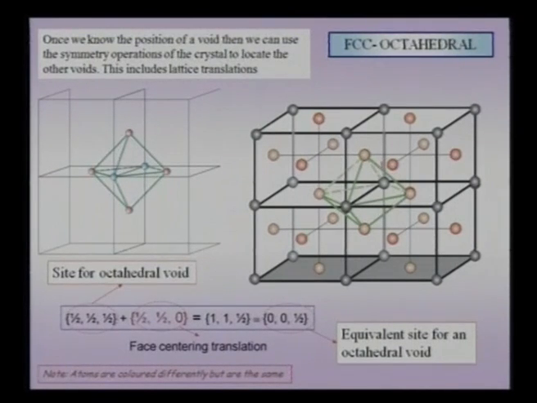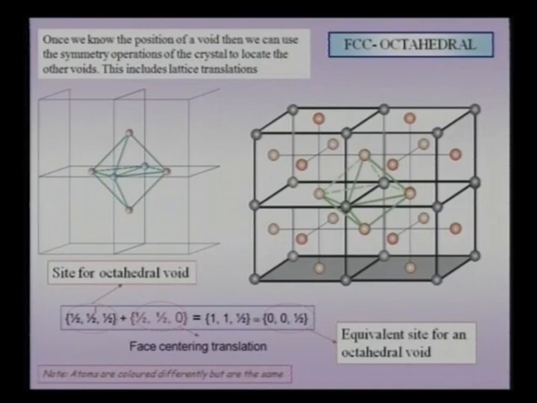These include the lattice translations. So let me repeat, once we know the position of a void, then we can use the symmetry operations of the crystal to locate the other voids. This includes lattice translations, and this is important because often by the way we draw some of these voids in the unit cell, they may look different, but we have to remember that it is just the origin of the unit cell we have chosen differently which makes them look different, but actually they are identical.